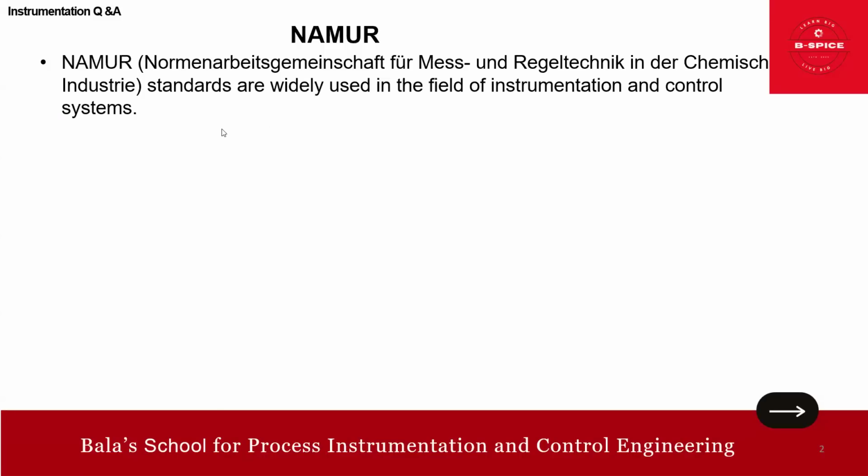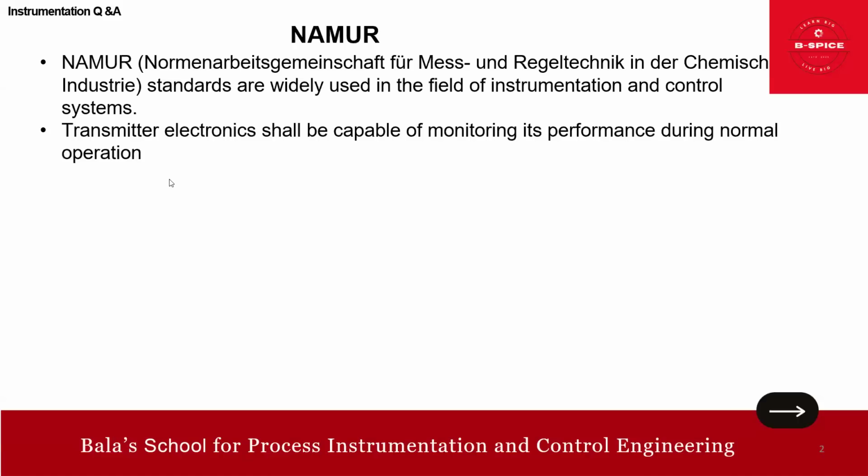So that is where this name came. These standards are widely used in the field of instrumentation and control systems. Those who have experience know, but this is also applicable for freshers. If somebody wants to dive deep in the interview session, this could be one of the possible questions.